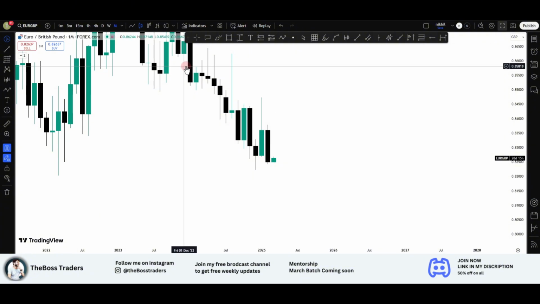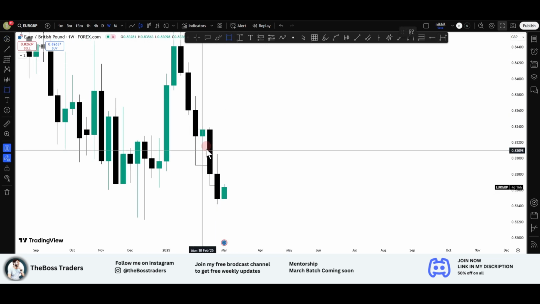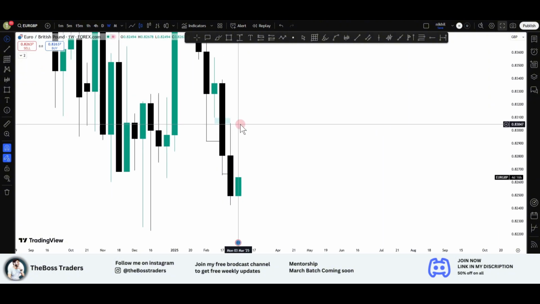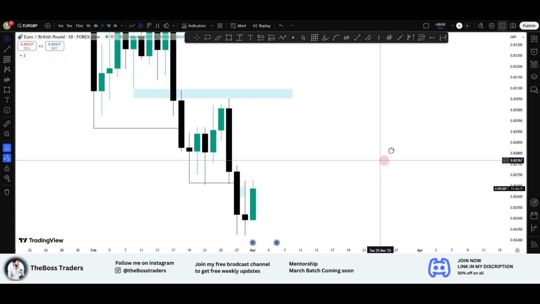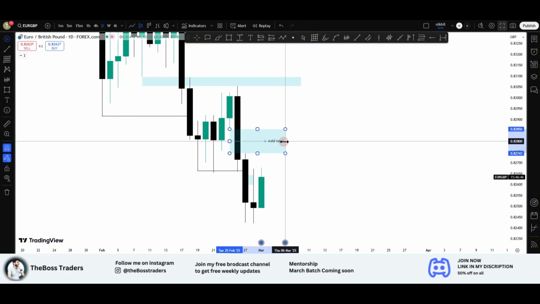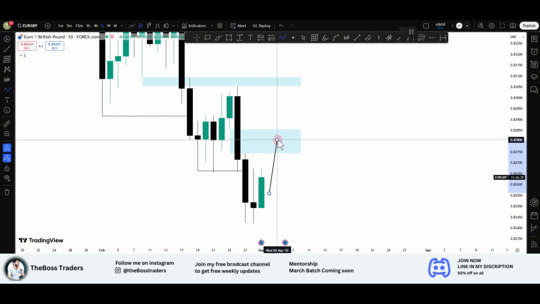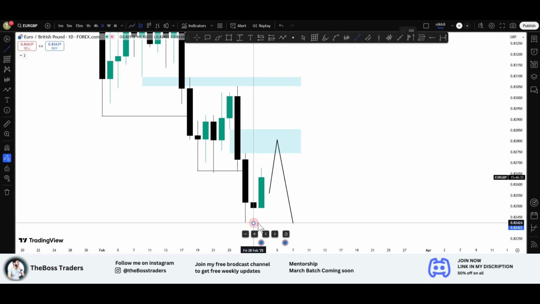On the monthly time frame there is nothing much. On the weekly time frame we do have a bearish fair value gap, so that is also on GBP. And on the daily time frame we have a fair value gap which is right over here. So what you can do is wait for price to trade inside this daily gap and then enter for this as a target.